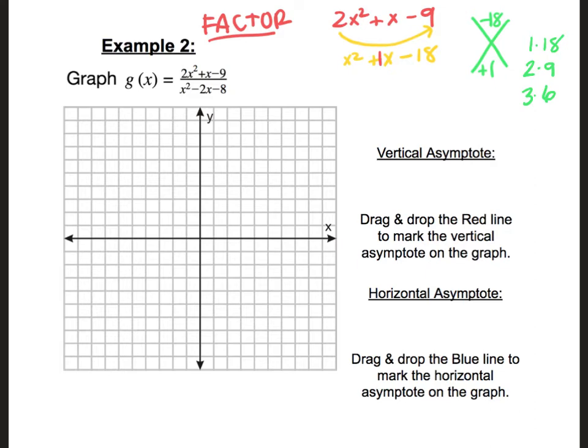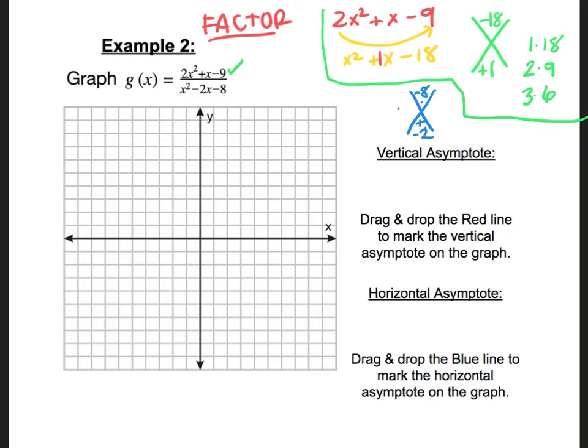I'm going to go ahead and put a little check mark there. The bottom, we are going to factor that. Again, we have x squared minus 2x minus 8. For that one, I can do the x method. We're looking for something that multiplies to negative 8 and adds to negative 2.